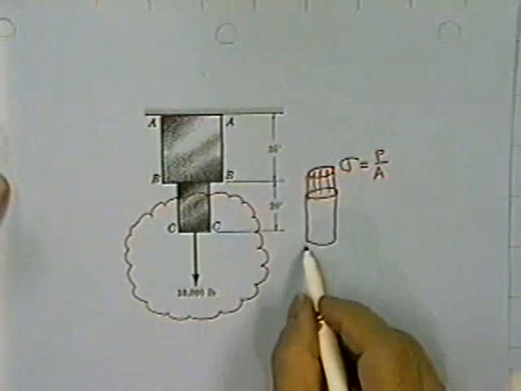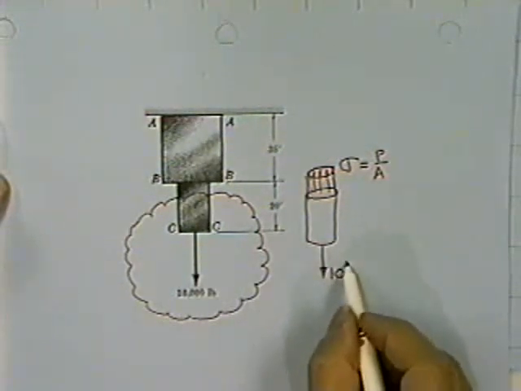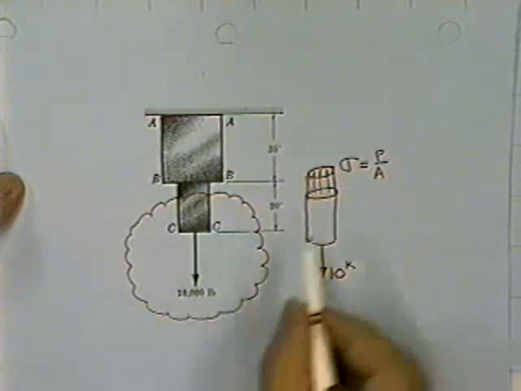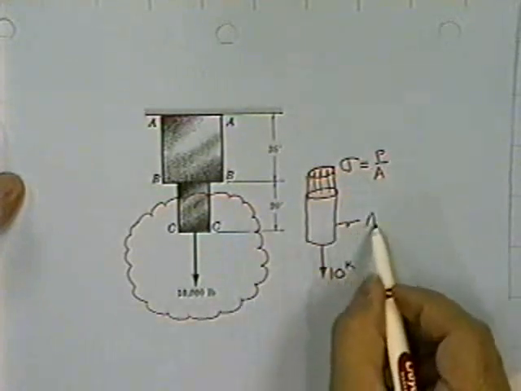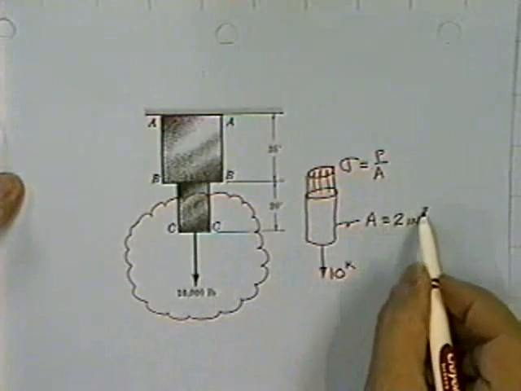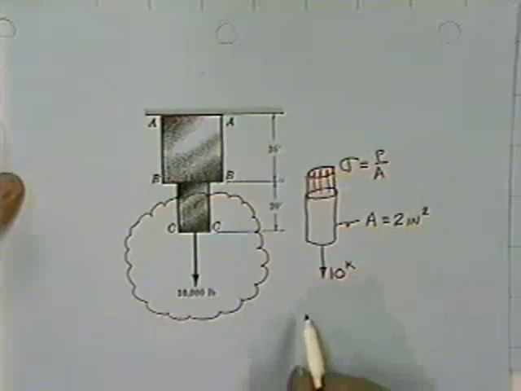For example, if this particular bar has a 10 kip load, same as 10,000 pounds, and if it has an area equal to 2 square inches of steel, then I can calculate the stress in the bar.